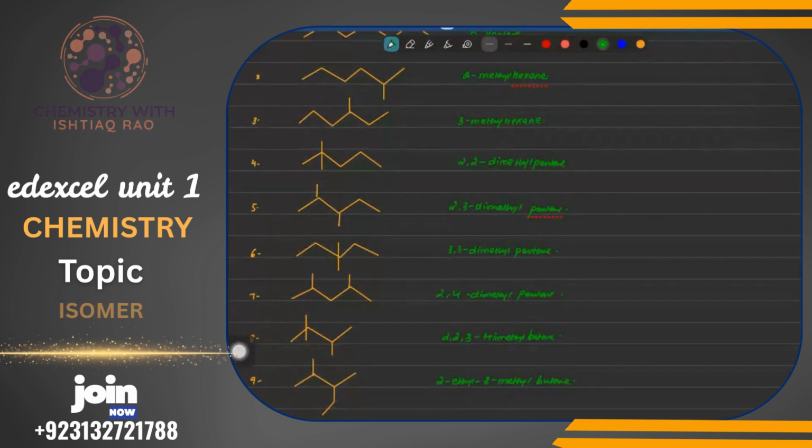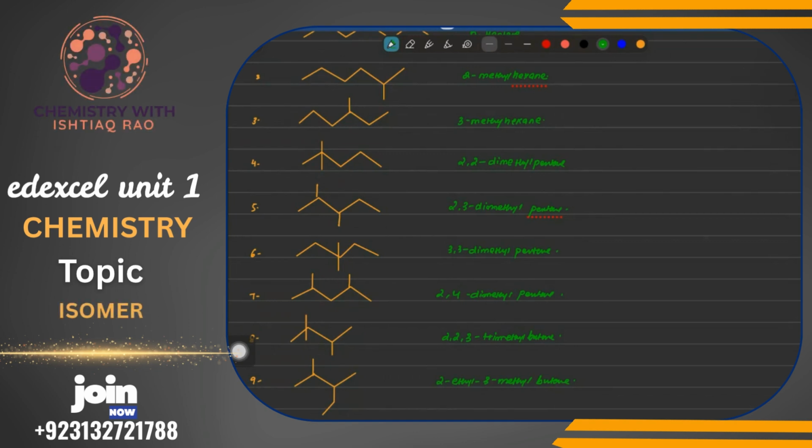The name should be different. If the name is the same, the isomer is not possible. That's it for the structural isomers of alkane. It starts from butane, because butane has two isomers, then pentane, hexane, heptane, and so on.